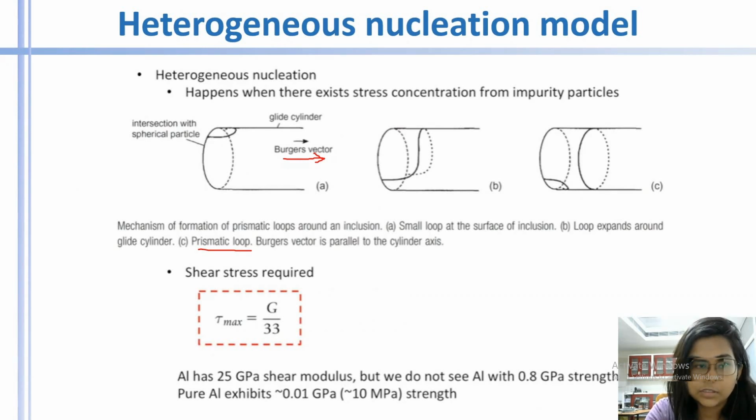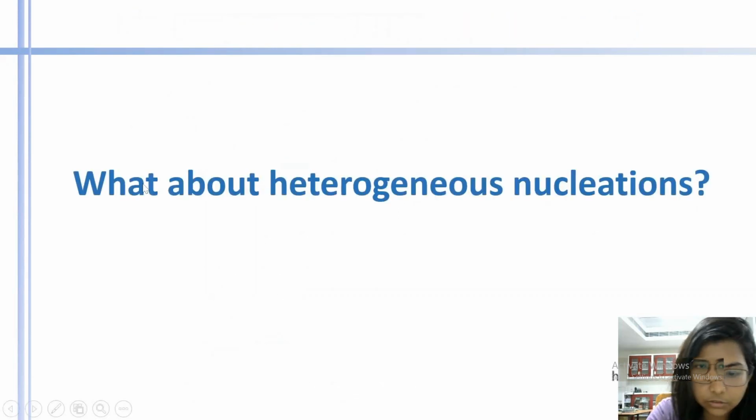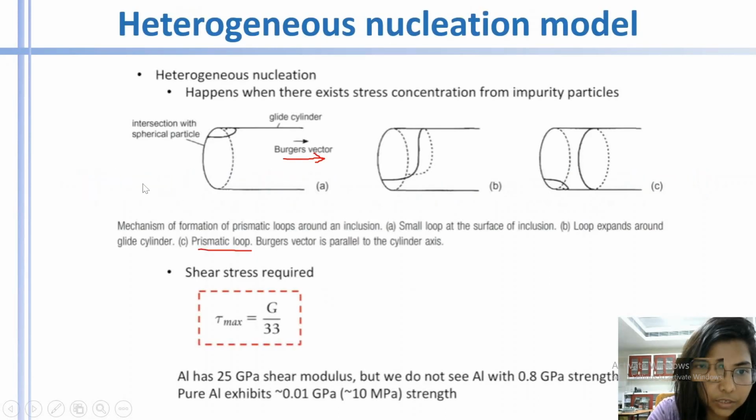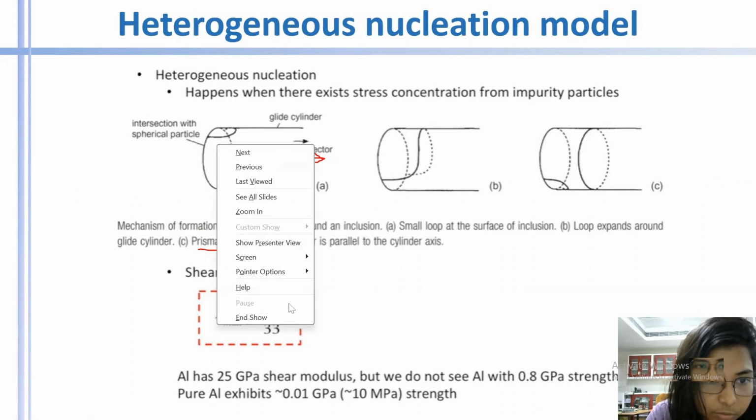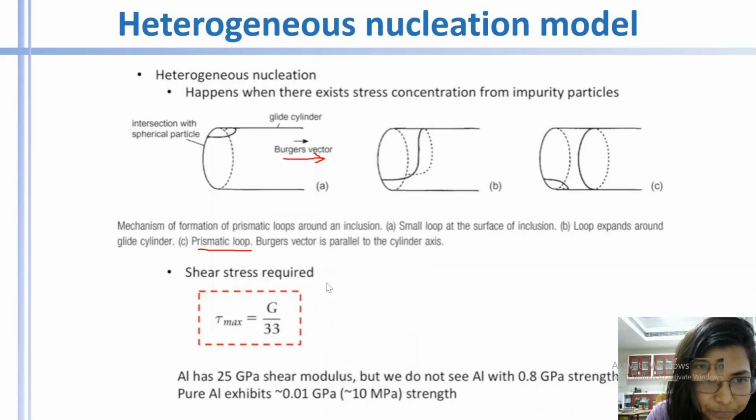What happens in the heterogeneous nucleation model is that when applying a large shear stress, the dislocation can nucleate at the interface of the particle and the impurity.